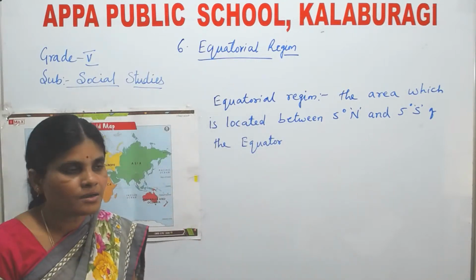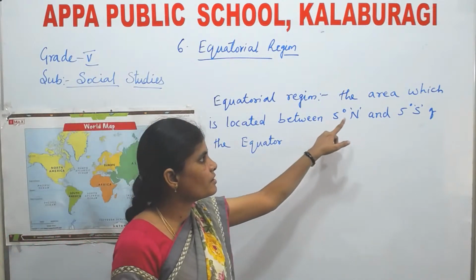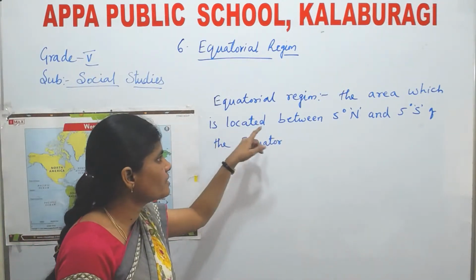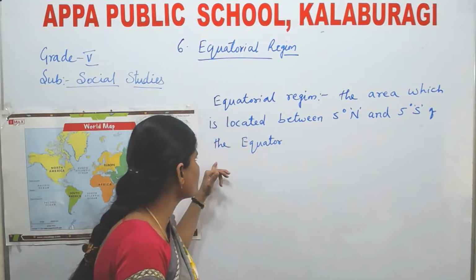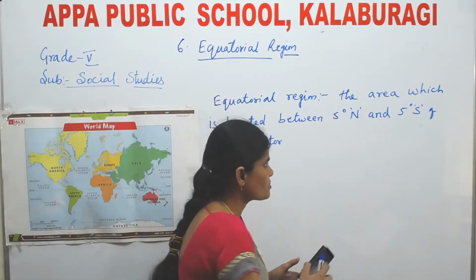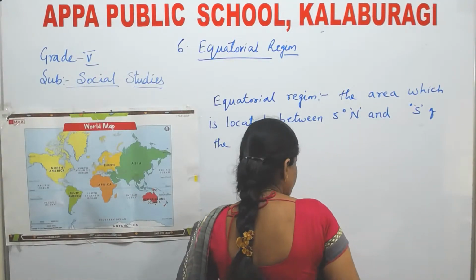See here, what is the equatorial region? The equatorial region is nothing but the area which is located between 5° north and 5° south of the equator.